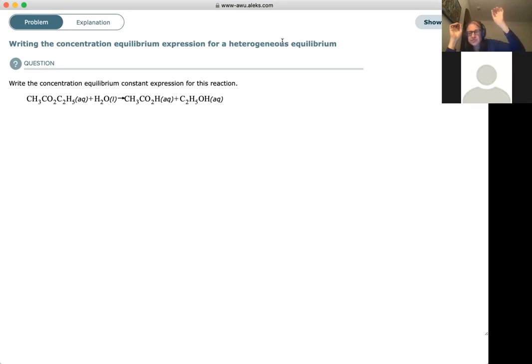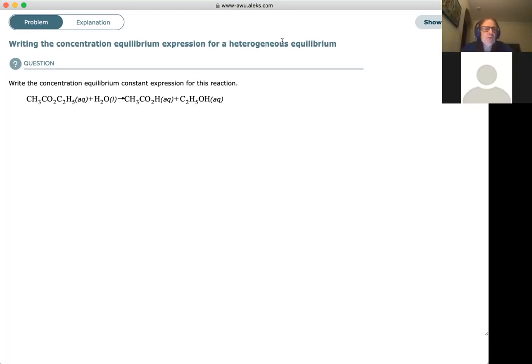Chemistry is occurring on that surface. That's heterogeneous because you have a solid and a liquid reacting with gases. So we often see this occur. It turns out, just like solids, liquids do not appear in the equilibrium expressions. So solids and liquids, omit them from the equilibrium expressions, just put a 1 in for them, okay?